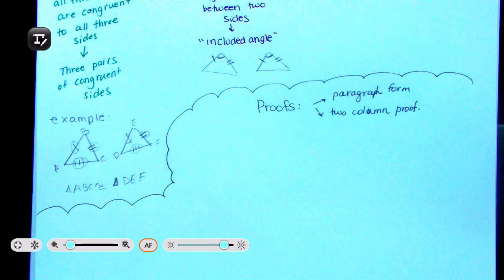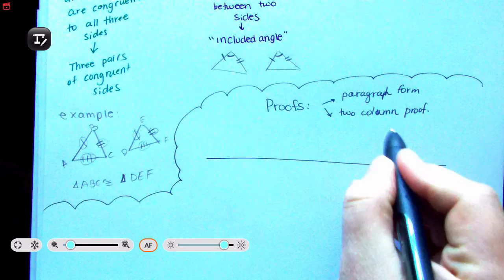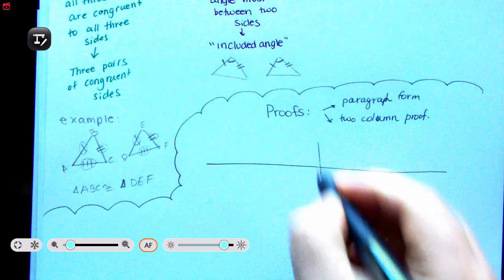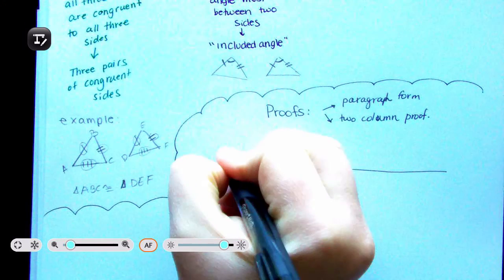So again, the reason we are starting with the two-column proof is to help you organize your thoughts. After that, we then will move on to paragraph form. So how you're going to always structure two columns: here's column 1, column 2. In this column right here, you're going to write statements.